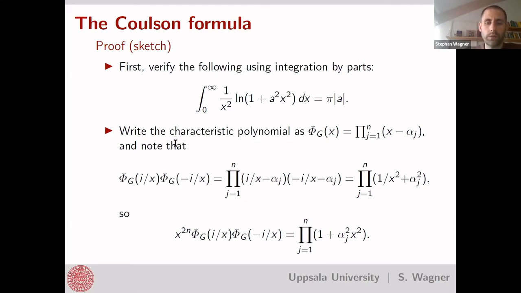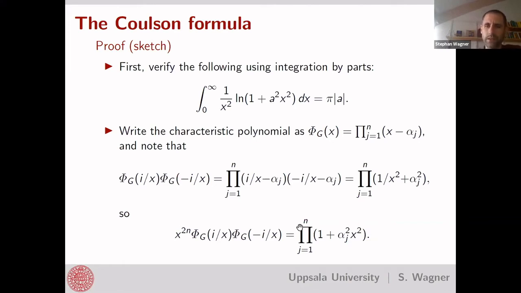And then once you've got that, you can take the characteristic polynomial, rewrite this expression a little bit. So you have the factorization, of course, involving the eigenvalues. Take the factorization, plug in i over x, rewrite a little bit. So these two, of course, can be simplified to one factor, 1 over x squared plus alpha j squared. Then after multiplying by x to the 2n, these 1 over x squared disappear, and we've got instead an x squared here.